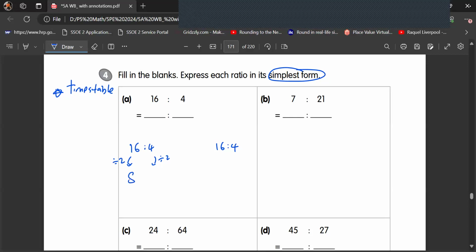I may go to 16:4 is 8:2, and 8:2 can be simplified to 4:1. But if my times table is good, I don't have to divide by 2, divide by 2, divide by 2. I just start thinking of the bigger numbers first. I can divide by 4 straight away to give me 4:1.